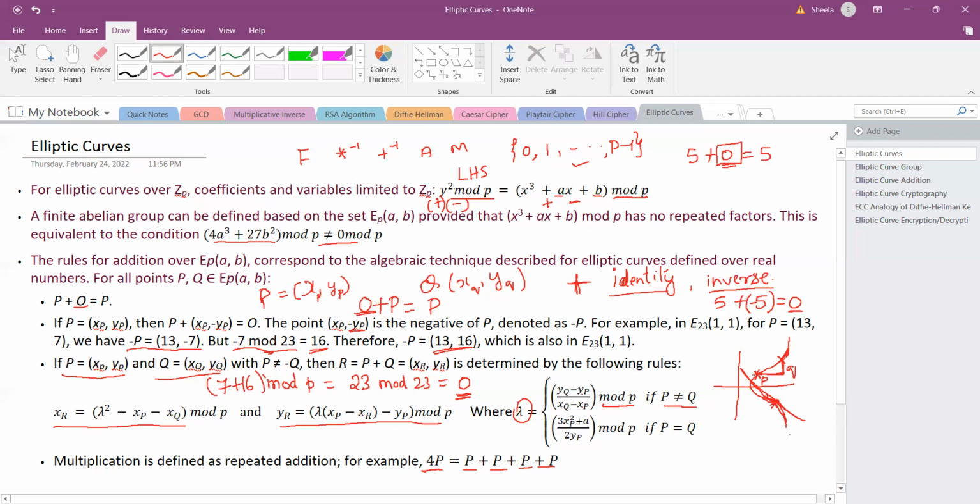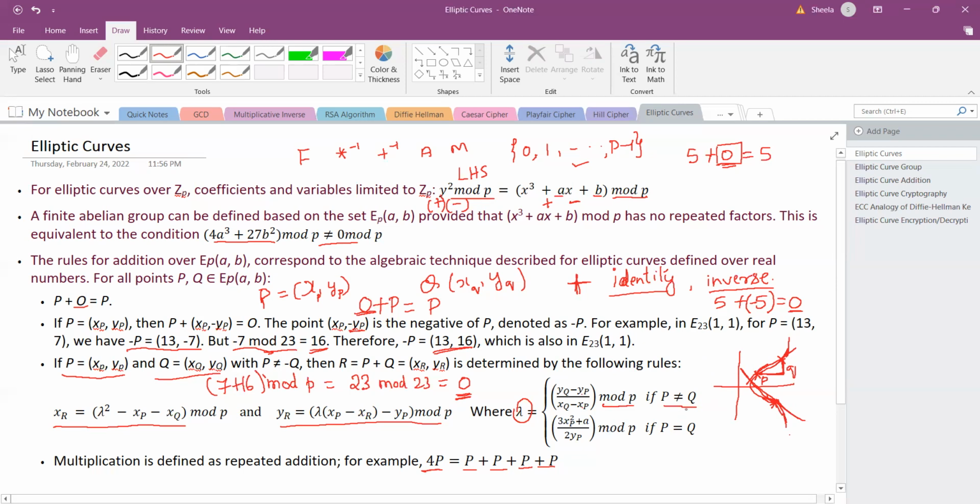When I'm adding two different points, that becomes a line passing through 2 points, but a tangent will just touch only that point on the curve, and when I extend the tangent, it somewhere touches another point on the elliptic curve. The point where it touches will become equal to 2P.